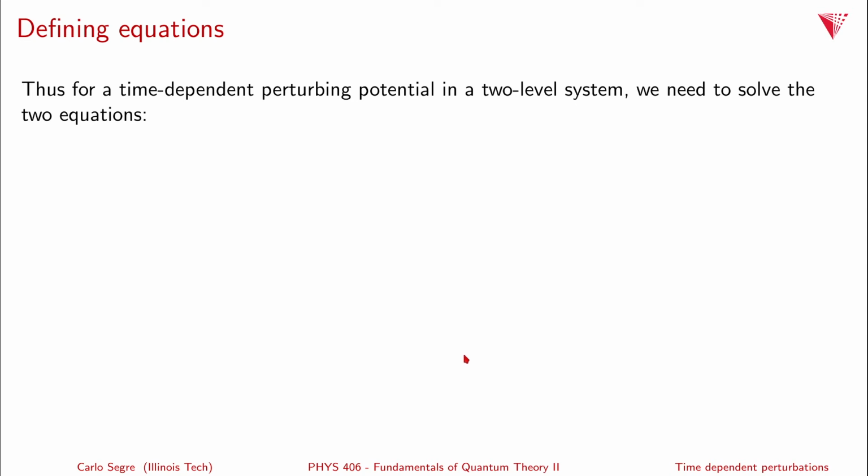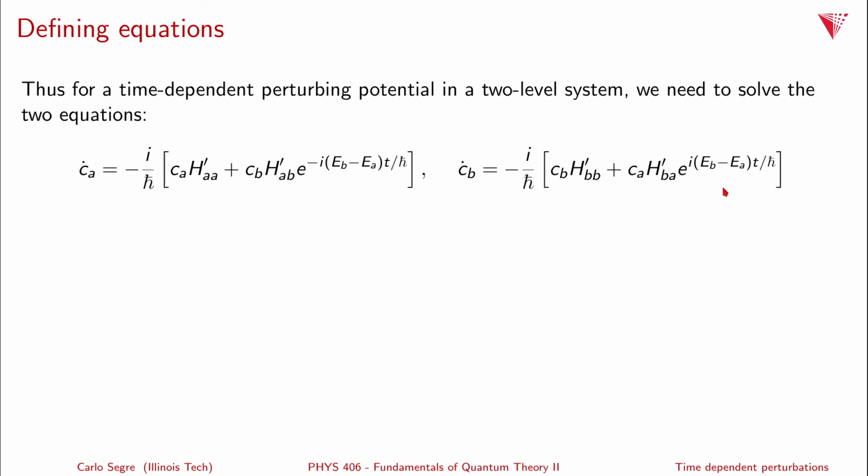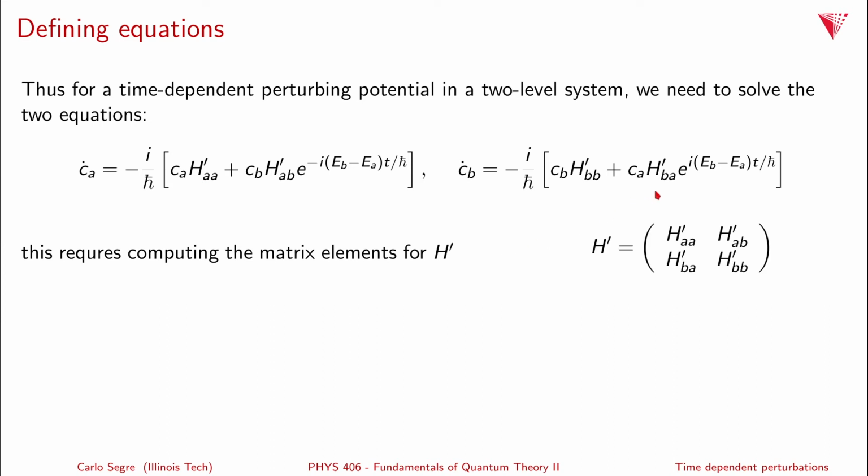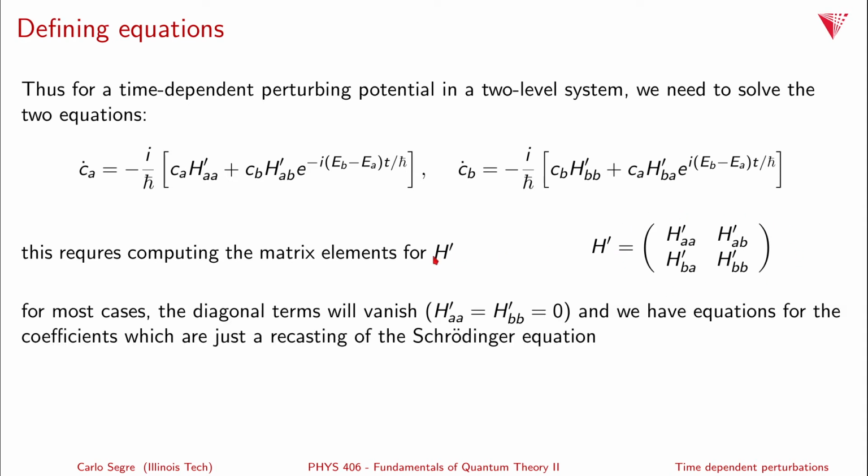So, for a time-dependent perturbing potential in a two-level system, we need to solve two equations, and these are the two equations we had before. This requires computing the matrix elements for H'. That's H'aa, H'ab, H'bb, and H'ba. And the matrix looks like this. Now, in general, these would not be 0, but many times the diagonal terms are in fact 0. And so we're going to assume that the diagonal terms are 0 for the moment.